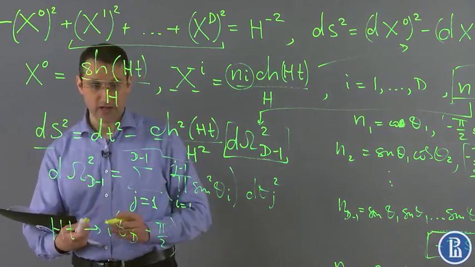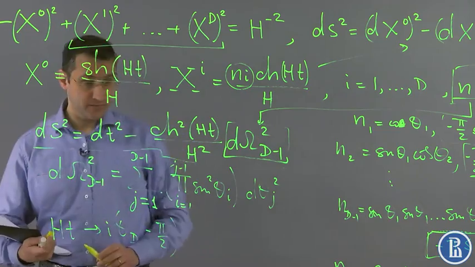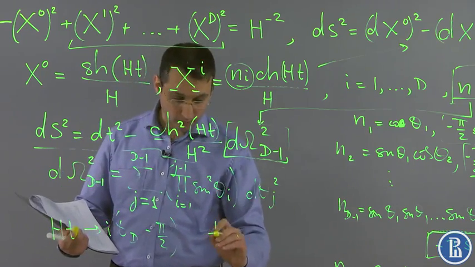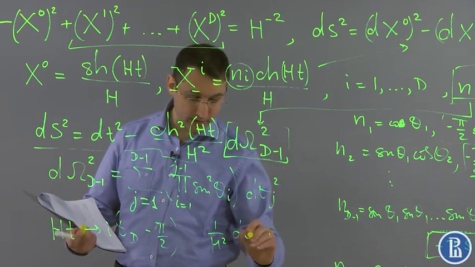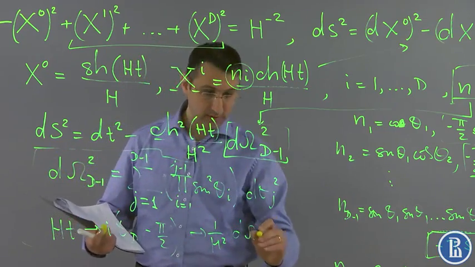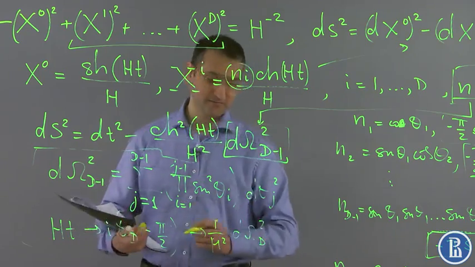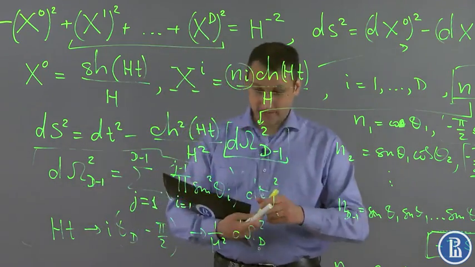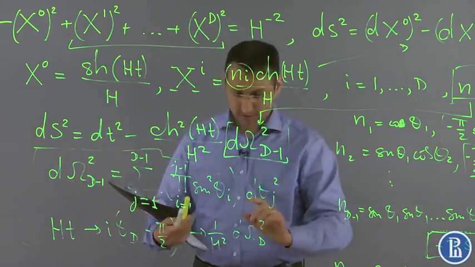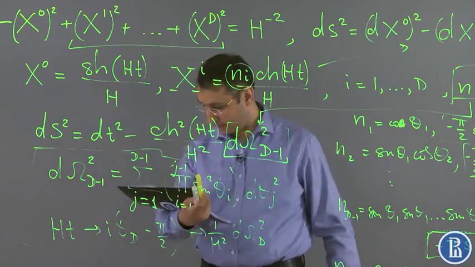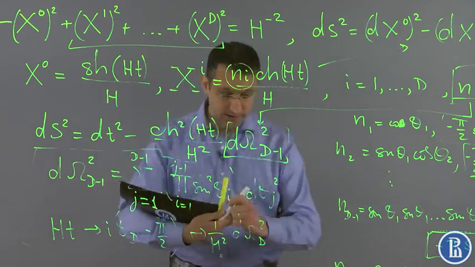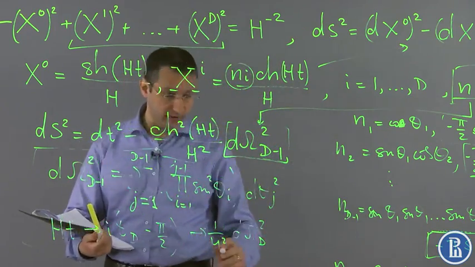If we do such a change, this metric is mapped to 1 over h squared times d omega d squared, which is exactly the map between de Sitter space and the d-dimensional sphere. Now one can straightforwardly see the meaning of the picture that I drew.